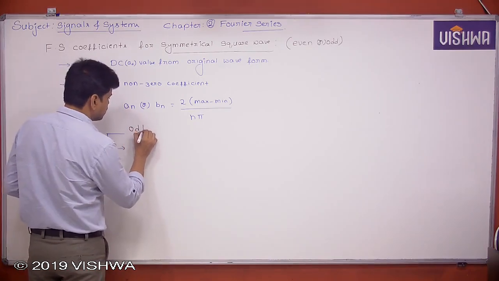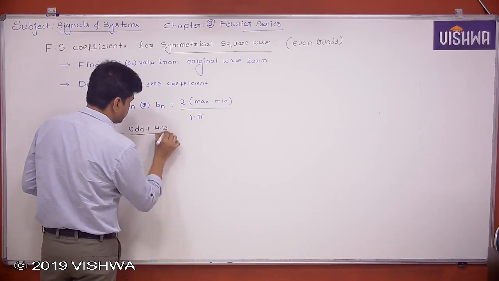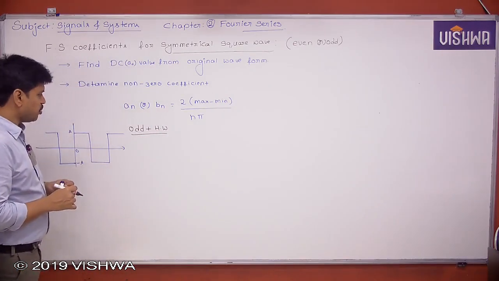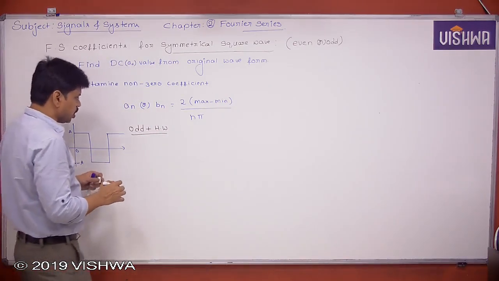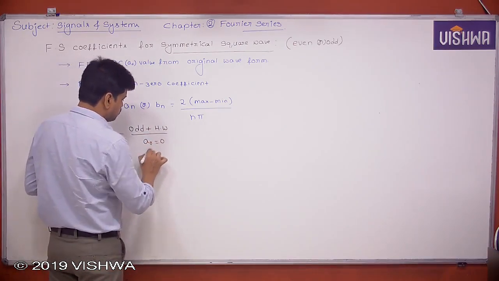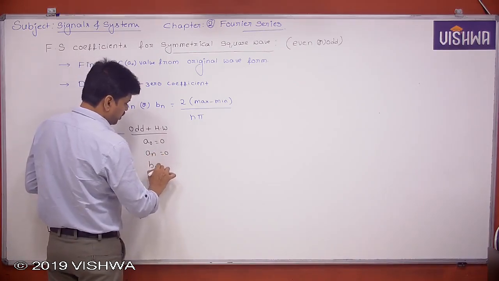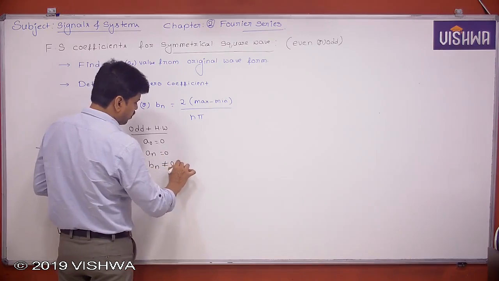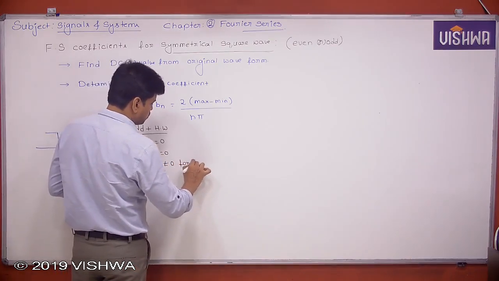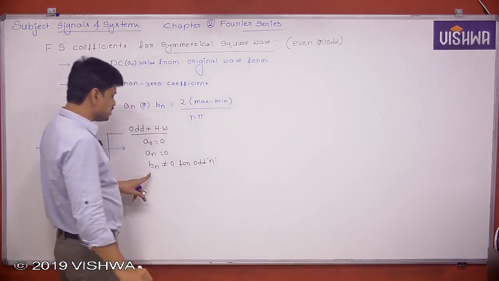It is exhibiting odd plus half wave symmetry. If it is exhibiting odd plus half wave symmetry, let's see what the zero values are. A0 is equal to 0, An is equal to 0, Bn is not equal to 0 for odd values of n. So this is the non-zero.